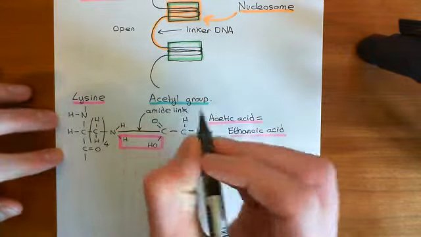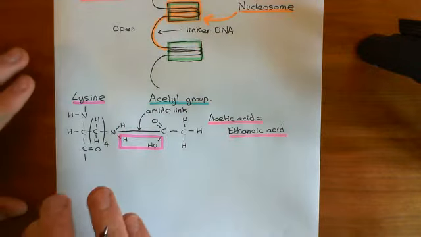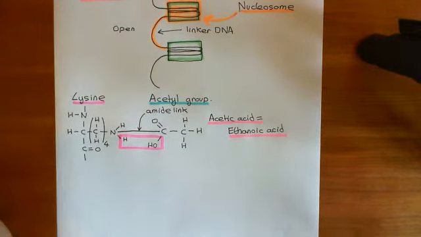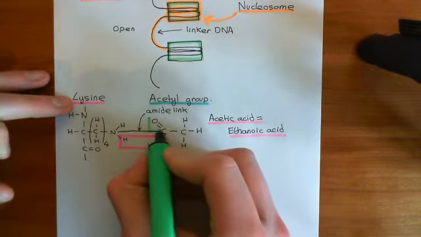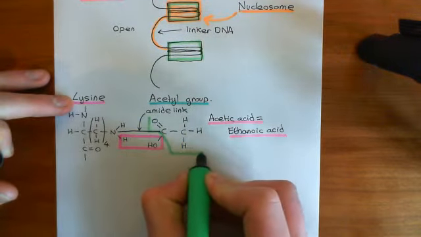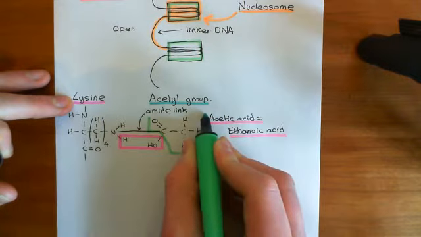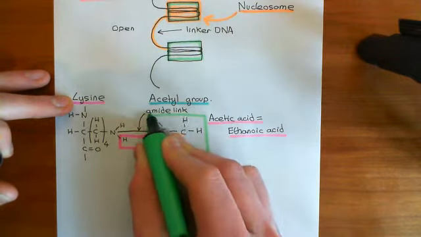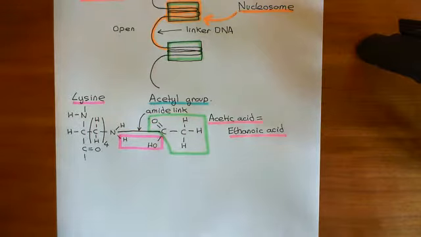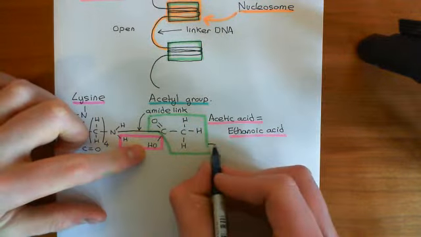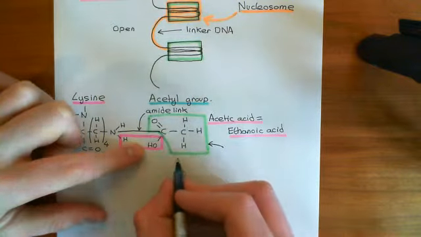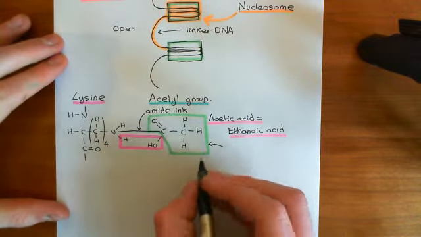So we have then acetylated the lysine residue, because what does an acetyl group actually mean? Well, you will notice that we have not actually attached the entire acetic acid molecule. Instead, we have attached the acetic acid molecule minus the alcohol group. We've attached this portion that I have outlined in green here.